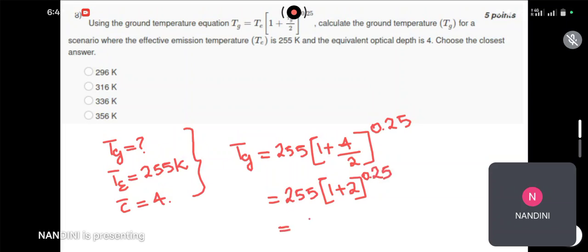This gives a value of 335.59 Kelvin, approximately 336 Kelvin. So the answer is 336 Kelvin.